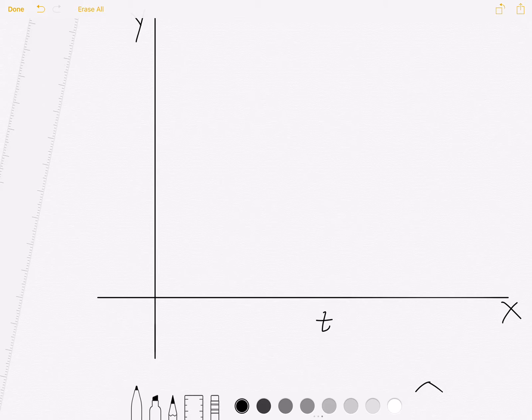So on y-axis, instead of Fa, we are actually putting Fa by Fi, just to simplify it, so that we don't have to redraw the graph for every single different inspired gas concentration.